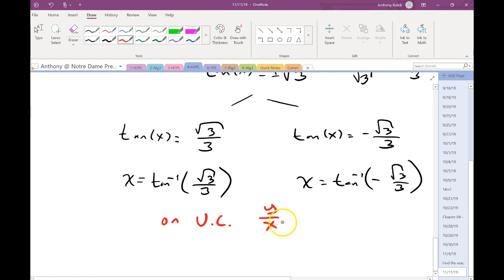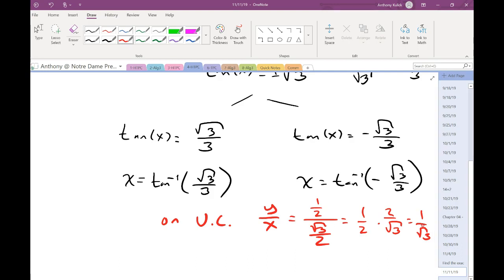If I notice that that's a location on my unit circle, that works, right? Everybody see that? That was specifically at pi over 6.